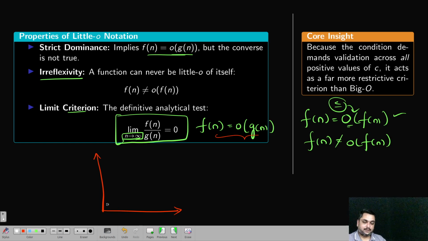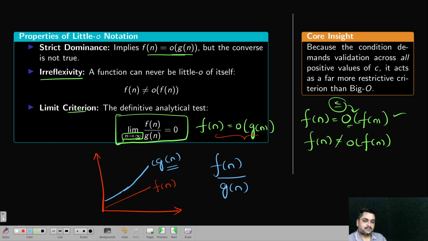My curve, say f of n, is like this. Then g of n always grows faster than f of n. That is the meaning. It goes very fast compared to f of n. So let us say like this, c into g of n grows very fast. If this is growing very fast, what exactly does this mean? If I take f of n divided by g of n, let us take the division.